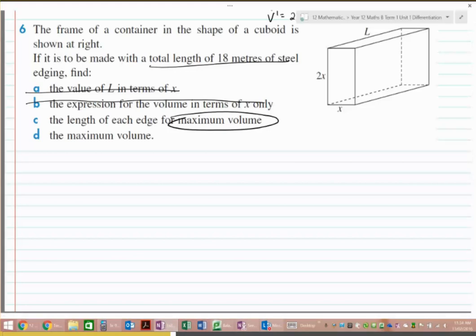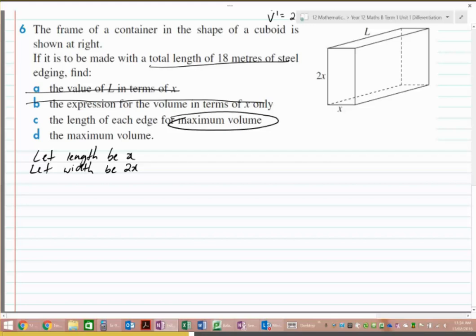Alright, so I'll define some variables. They've already done it for me, which is a bit annoying, but that's okay. We'll let the x be the length, I'll let the width be 2x.